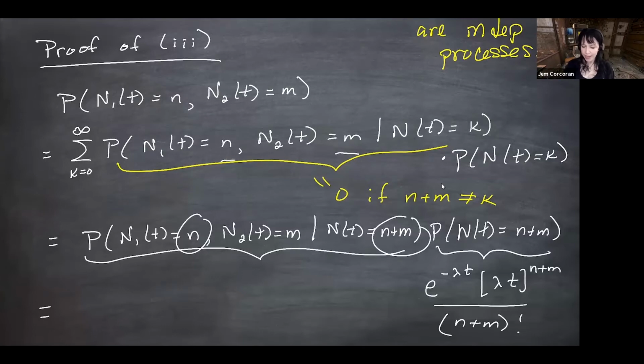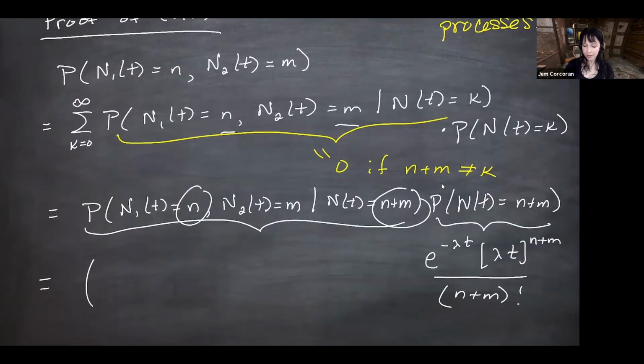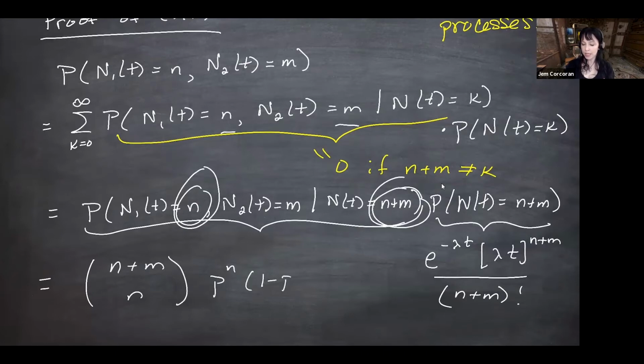So there's a binomial thing happening here. These are independent trials, with the same probability of assigning type 1 on every trial, and we're trying to find the probability that there are exactly n in the n plus m. So this is n plus m choose n, times p to the n, and 1 minus p to the rest of it, to the m.